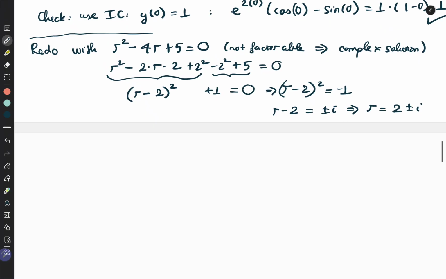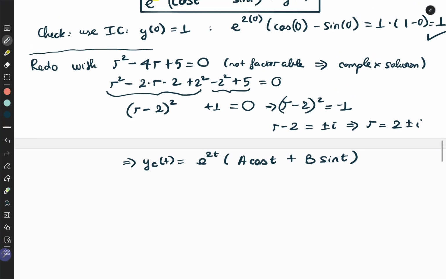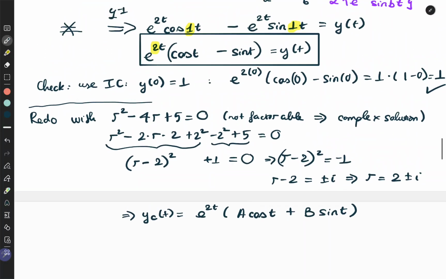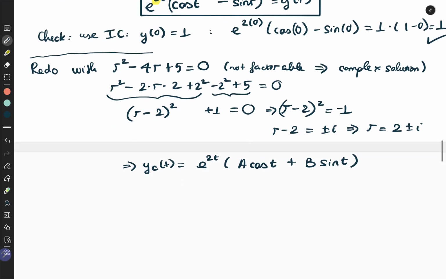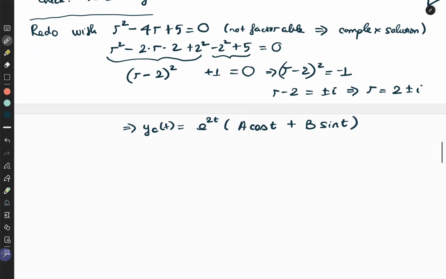Okay, because r is 2 plus or minus i, therefore the general solution or complementary solution is e to the power 2t (a cosine of t plus b sine of t). Okay, we are so familiar with this by this time now, right? Then how do I find a and b? To find a and b, apply the initial condition.